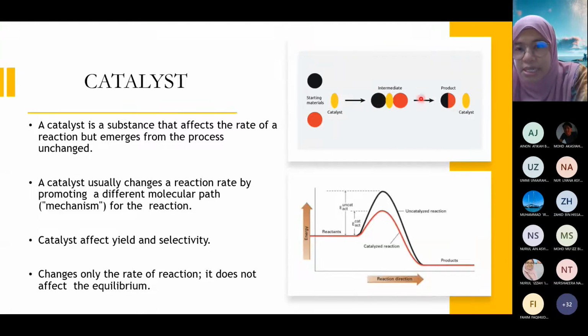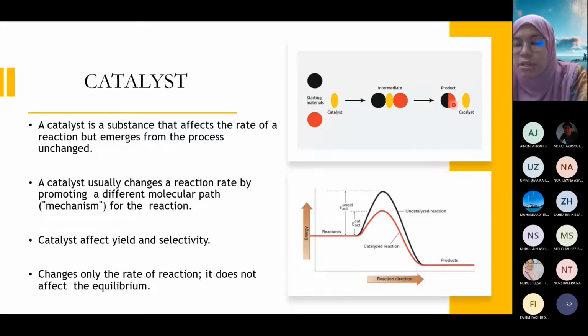So this absorption process we can call an intermediate product. And then the reaction occurs to produce the product. So this is the product, and the catalyst leaves in its initial form.